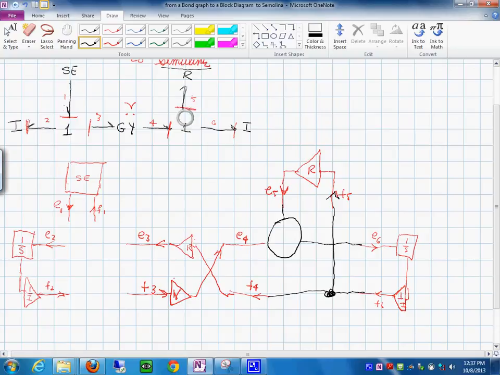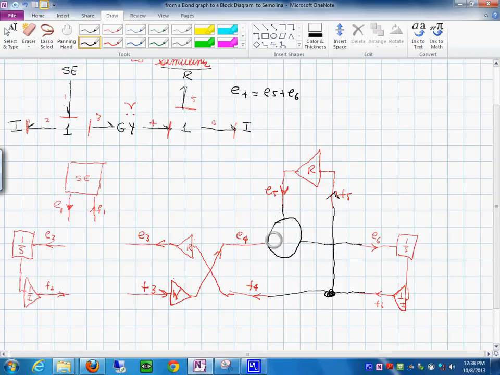How do we write the equation for this junction? Isn't it true that what comes in, e sub 4, is equal to e sub 5 plus e sub 6, right? Does everybody see this for this junction?